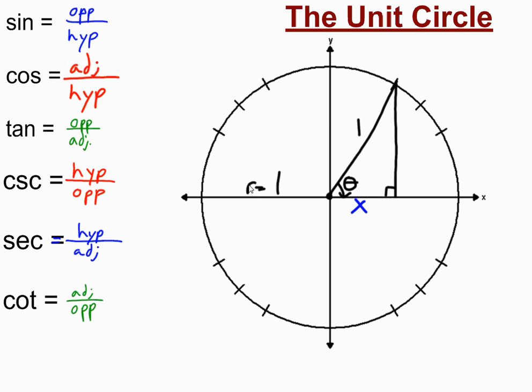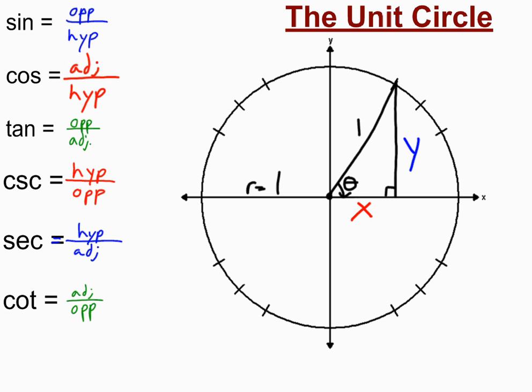Remember, your initial side is always your x-axis, so never make the mistake of drawing your theta to your y-axis. As we did on the first day, our initial side is always our x-axis. So we have our component x there being on that side of the triangle, and then we'll have our component y being there.